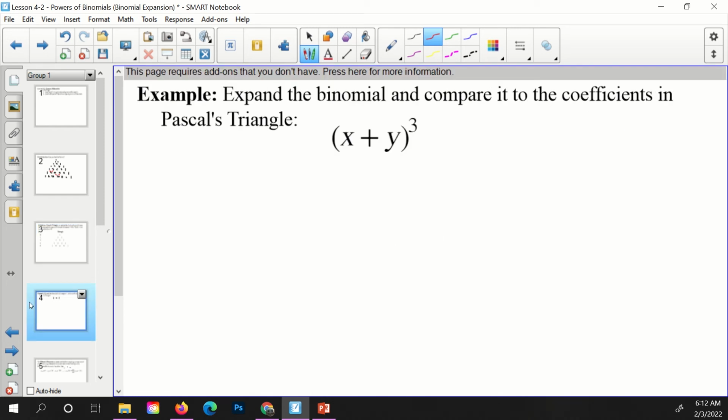My first example here is to expand the binomial and compare it to the coefficients in Pascal's triangle. Now when you multiply out a binomial to the third power, we have to multiply x plus y by itself 3 times. So I'm going to write that out: x plus y times x plus y times x plus y.